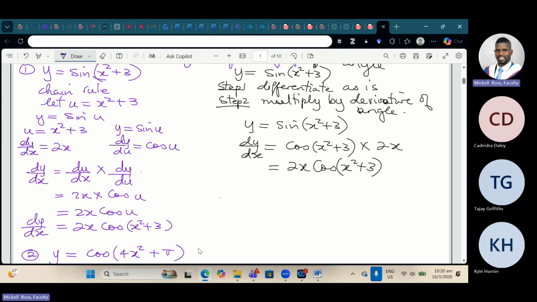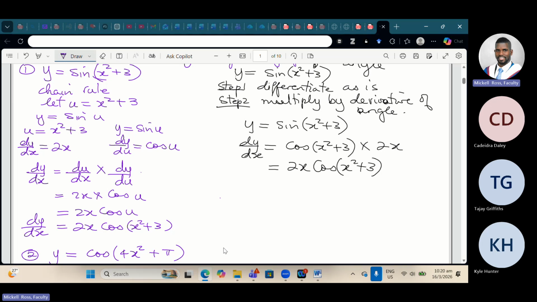So y is equal to cos of 4x squared plus pi. Now, pi is a number, so this would be a constant because the function is written in terms of the variable, which is x. Pi here is a constant because we know pi to be 3.14 or 22/7, so that's a number. So you don't have to be alarmed by it and ask how am I going to differentiate pi?